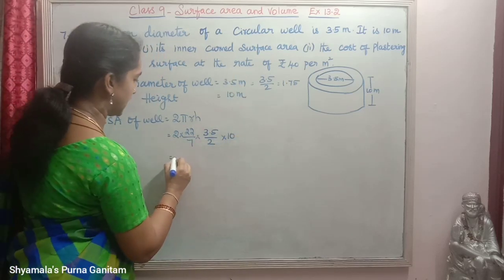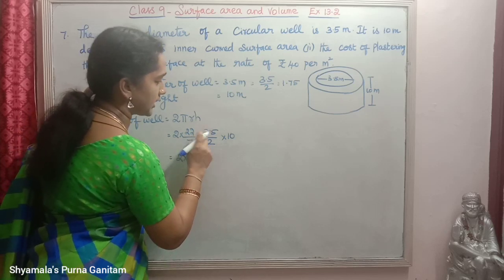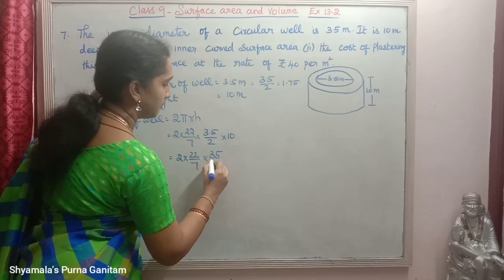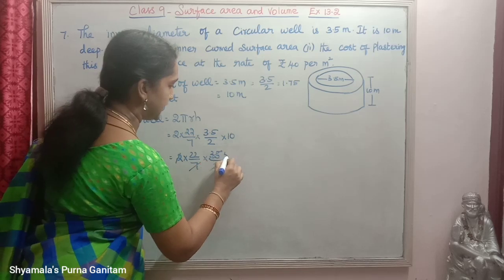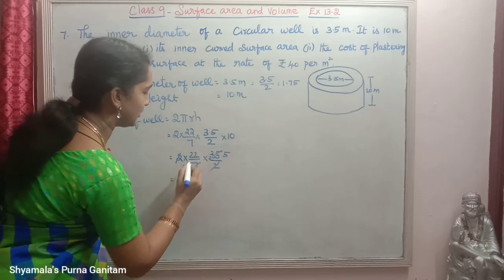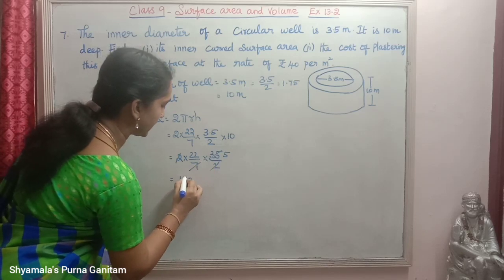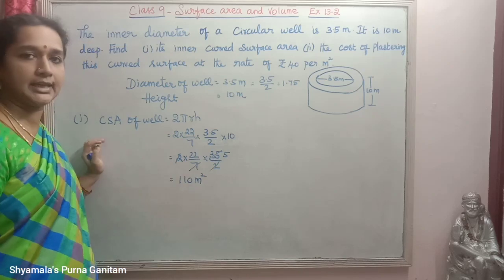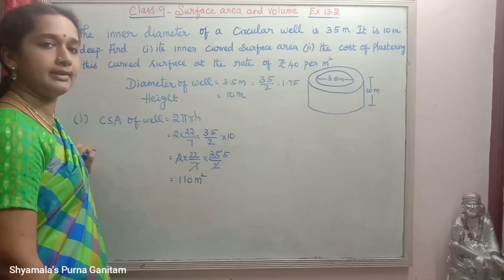So this is equal to 2 into 22 by 7 into 35 by 2. The 2 and 2 get cancelled. 7 5s are 35. So when we multiply 22 into 5, it will be 110 meters squared. That is the inner curved surface area of the well.